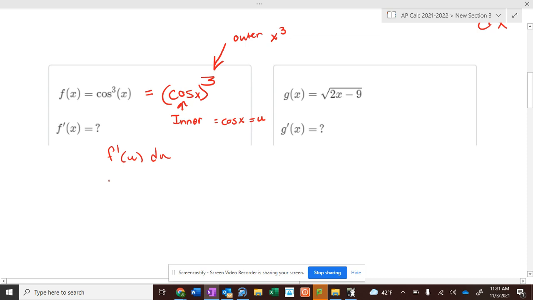Well, the 3 goes out in front, and then the inner is squared. What is u? Well, it's the cosine of x, times the first derivative, du, which is the first derivative of u. What's the first derivative of the cosine of x? Negative sine of x. So if we simplify this, it's negative 3 cosine squared of x sine of x.